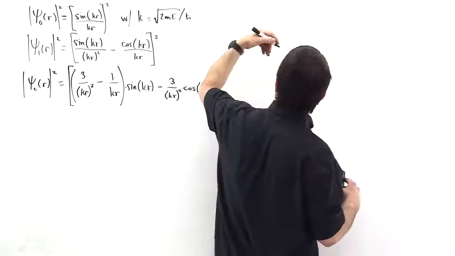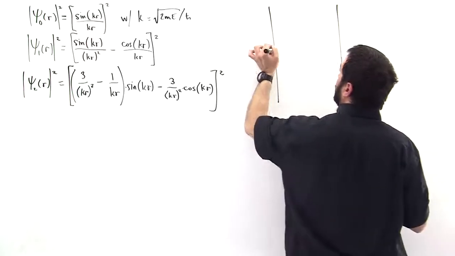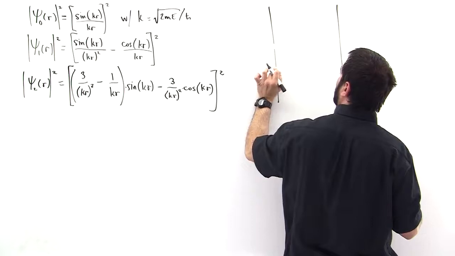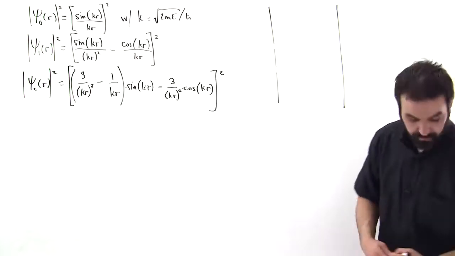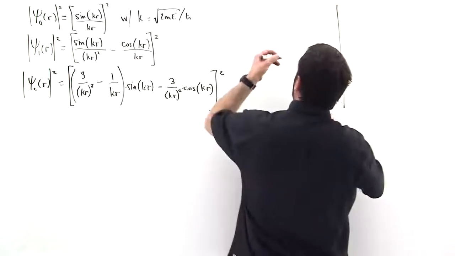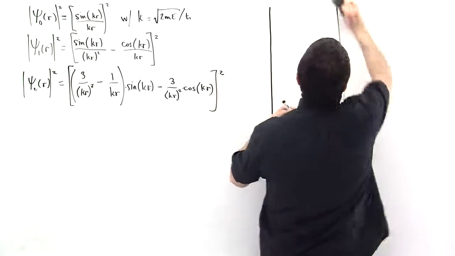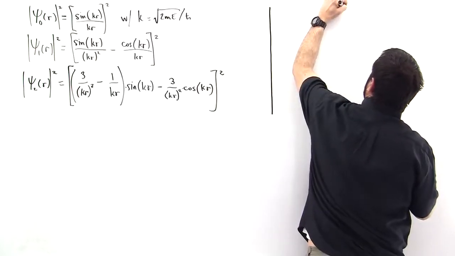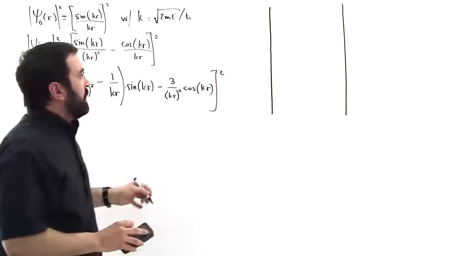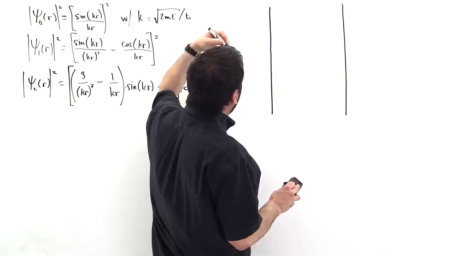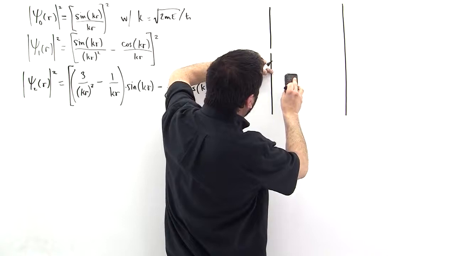Because if we draw, and we have a slit here and a slit here, right? So this slit's here and this slit here.